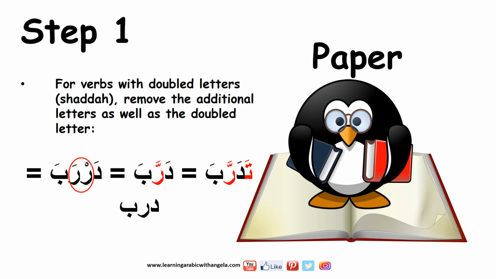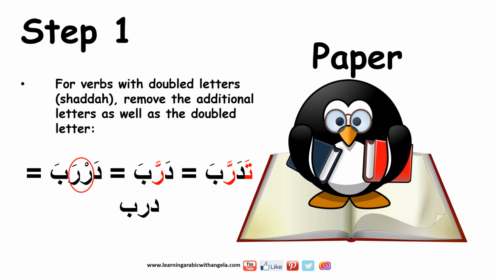For verbs with doubled letters or shaddah, you have to remove the additional letters, which we've mentioned are in the word سألتمونيها, as well as the doubled letter. For example, تدرب, which means he trained or he practiced.